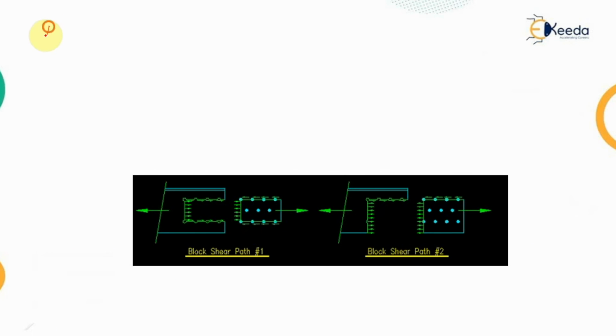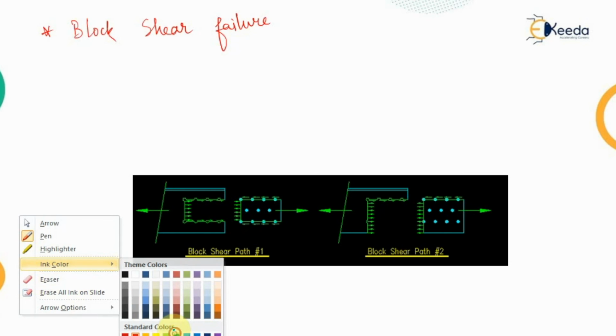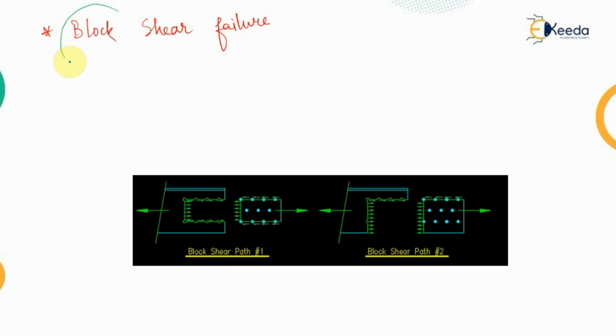Now the last type of failure of the bolted connection, which is an advanced case, is known as the block shear failure. The two terms here themselves represent the meaning of this term. That means a block and a shear failure. That means the entire block of the plate will be torn apart because of the shear force.